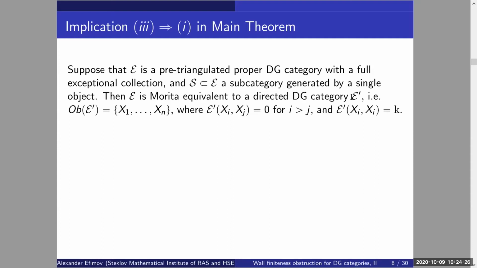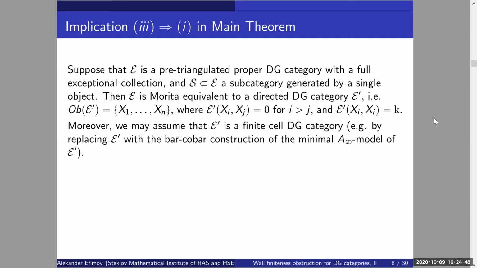So just take the full subcategory formed by these exceptional objects and modify homs slightly. So we get this directed DG category. There are no homs from right to left, and all of them are exceptional in the DG sense. And we can, in fact, assume that this E prime is a finite cell DG category itself.